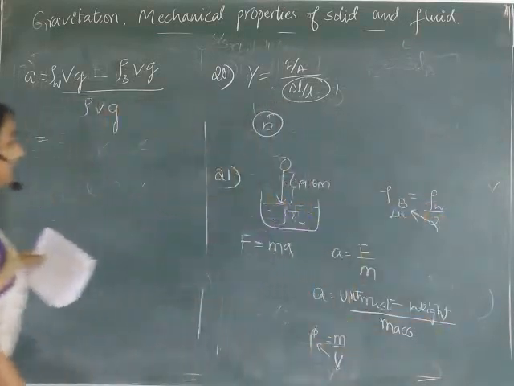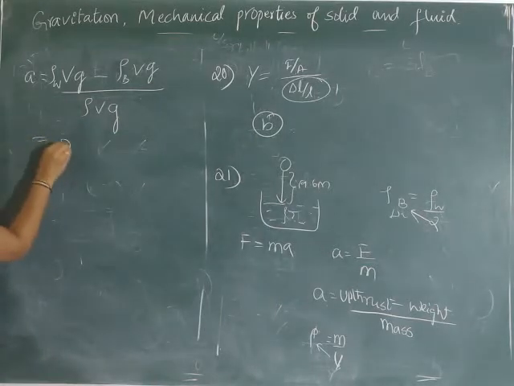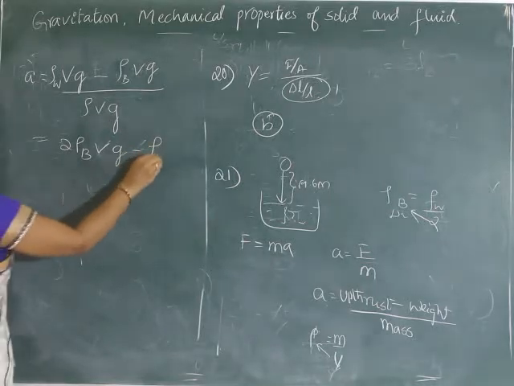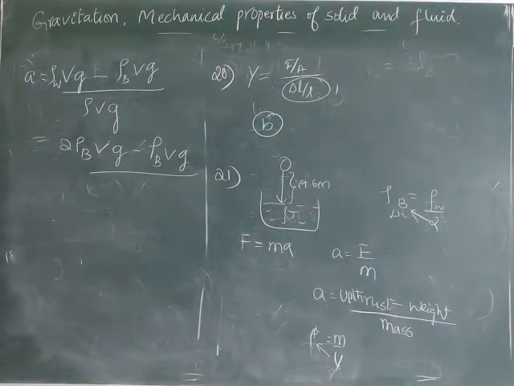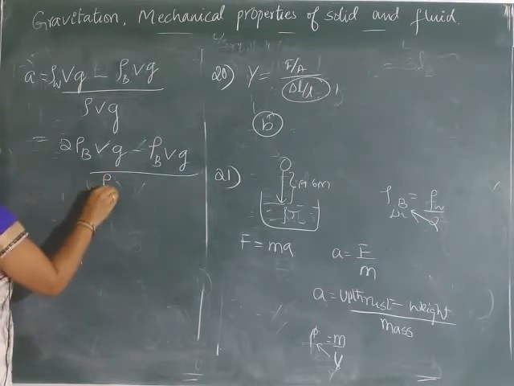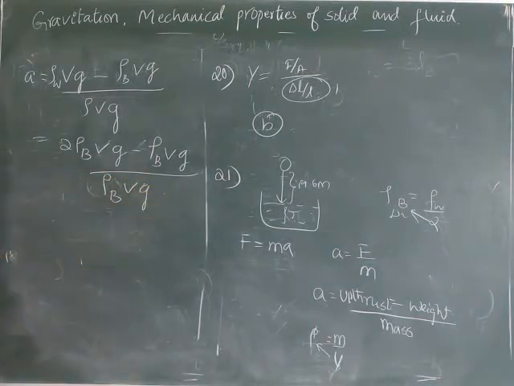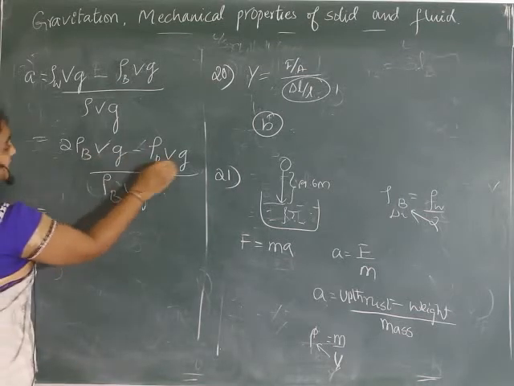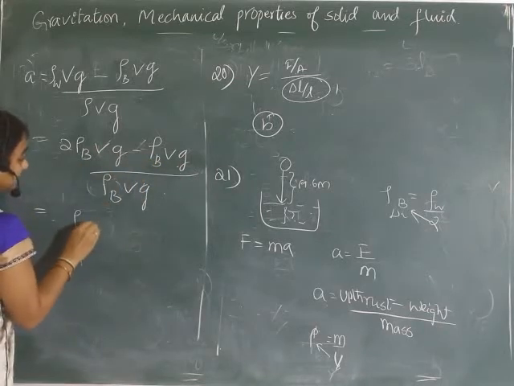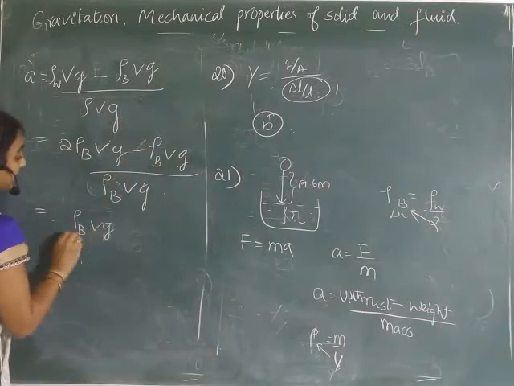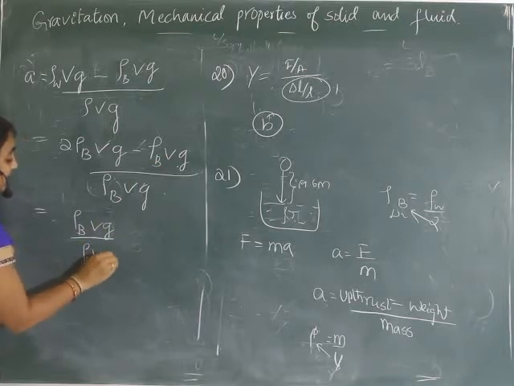So rho W is 2 rho B. Rho W Vg minus rho B Vg divided by rho B V. Now what is the value? Rho B Vg, therefore rho B (2 minus 1) is 1. Vg divided by rho B V.